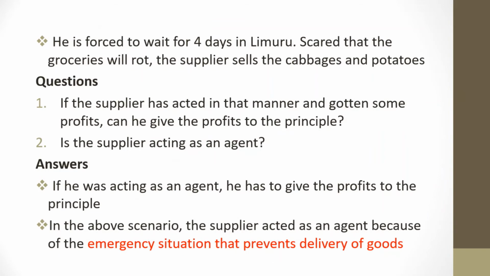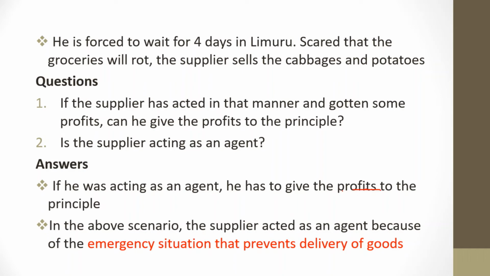Now, in this case, if the cabbages have been sold, then that agent has a duty to actually give the profits to the principal, even though there was no express authority from the principal to the agent to go ahead and sell those cabbages. Remember here the main point of emphasis is that the agent is acting to avert the loss, and so they have to remit the profits to the principal.